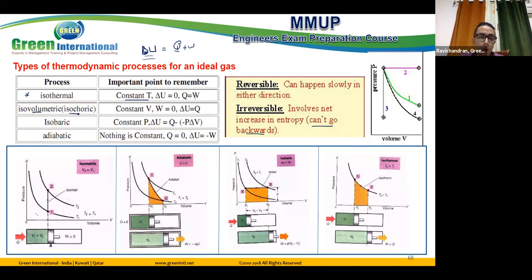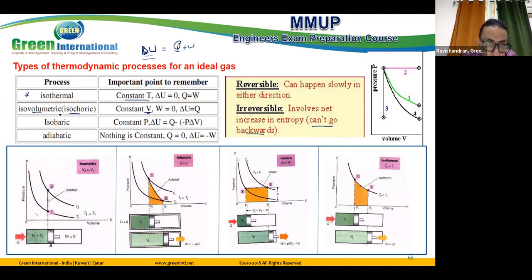Isovolumetric or isochoric means constant volume. For constant volume, work is 0, as there is no change in volume. So the change of internal energy is equal to Q. Let's see here in the figures. This isochoric process, constant volume, is sometimes called isometric.